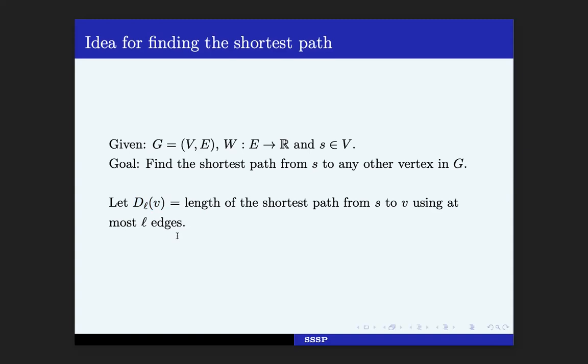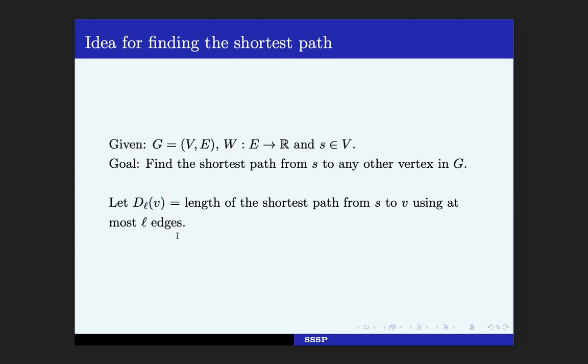This is exactly what we just defined, that SP, SU, n-1 or n-3 or whatever, right? So note that D_L(V), or D_{n-1}(V), where n is the number of vertices, gives you the correct answer, right?